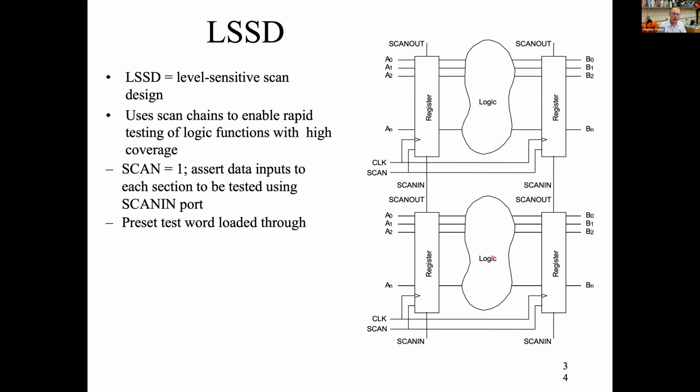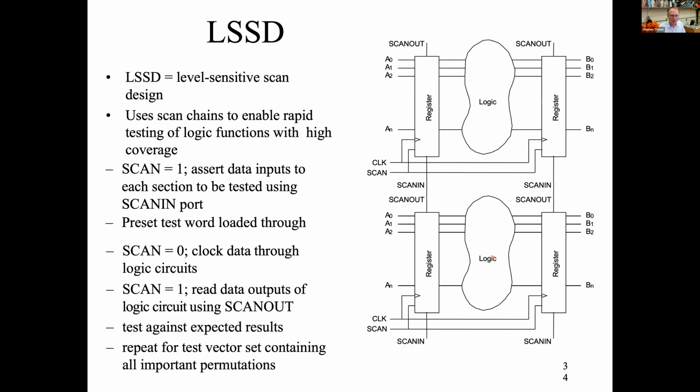So you can test your logic sections for a large number of different types of input and make sure that it works. And then when you put scan to 0, the system reverts to normal, and you're just clocking data through the logic in the normal way, and the system behaves as intended.